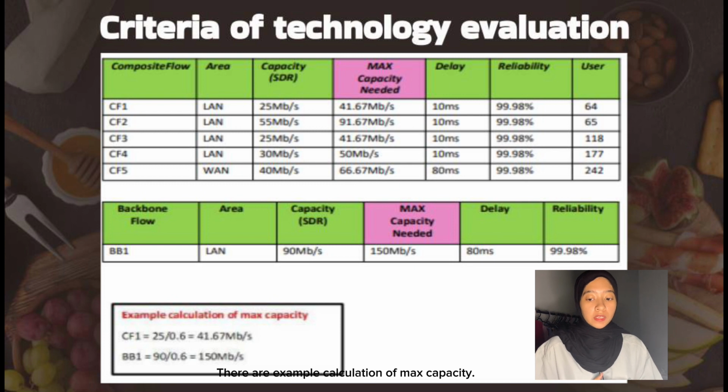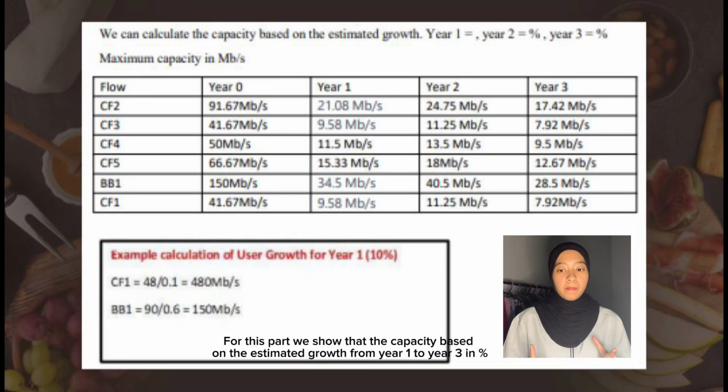And for BB1, we use 90 divided by 0.6, and we get max capacity of 150.